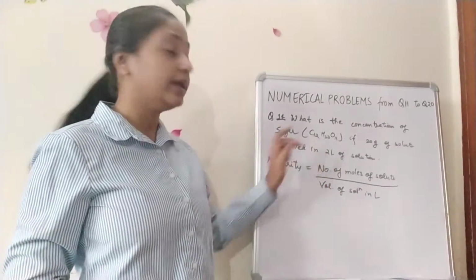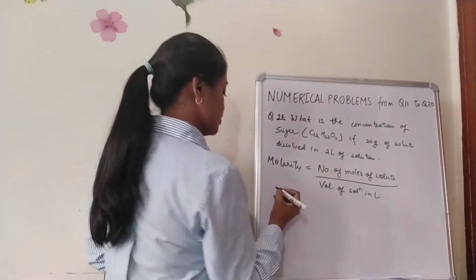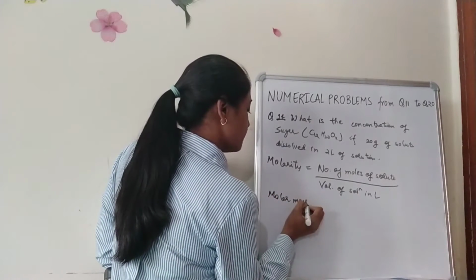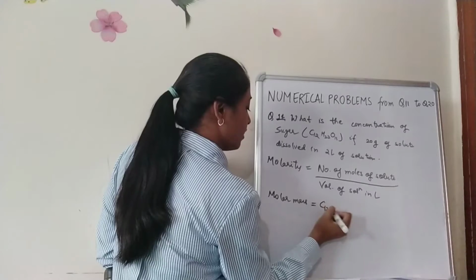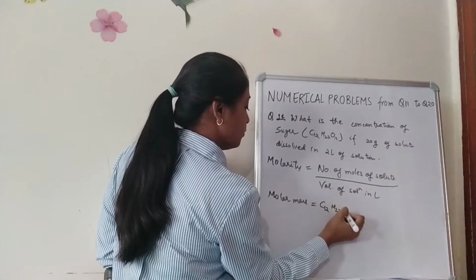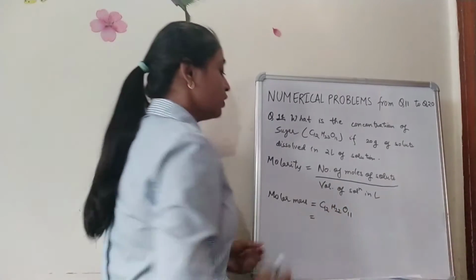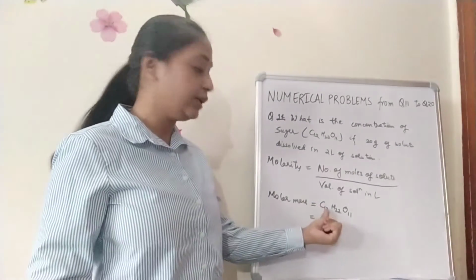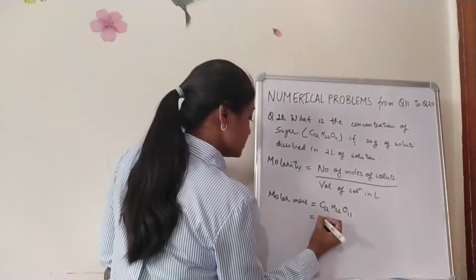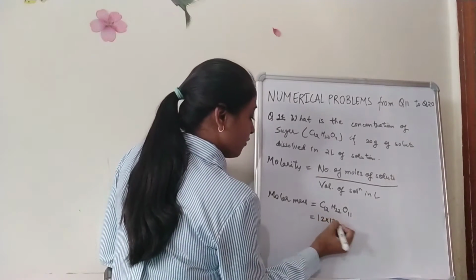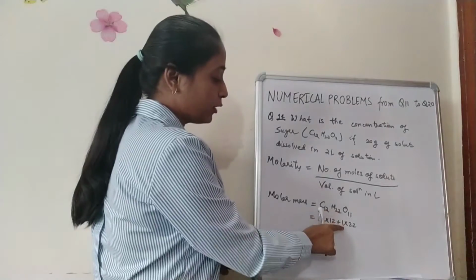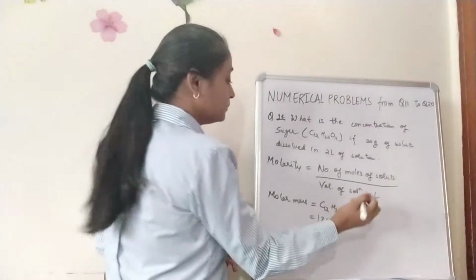So we will calculate here the molar mass of C12H22O11. The atomic mass of carbon is 12, right? So 12 into 12 atoms, that is 12 into 12, plus 1 into 22, because the atomic mass of hydrogen is 1, right?